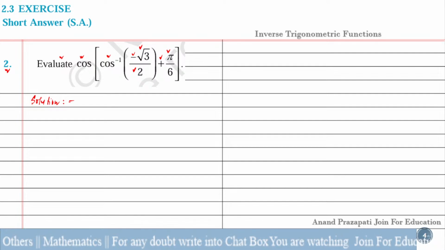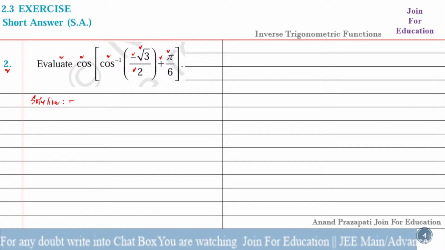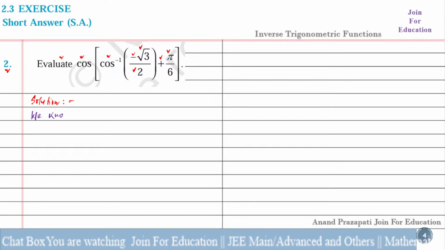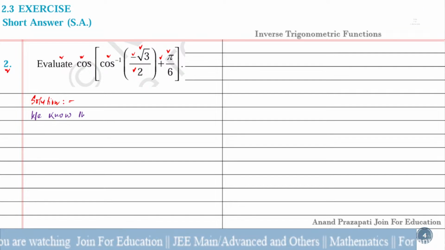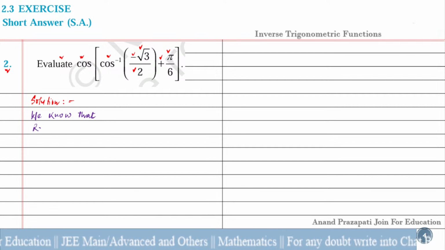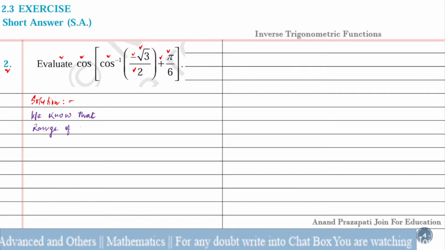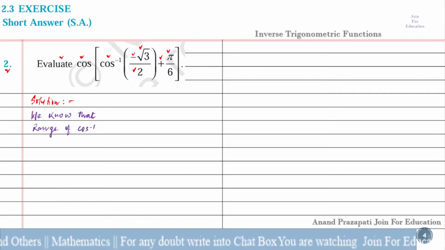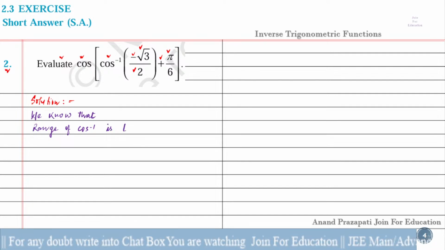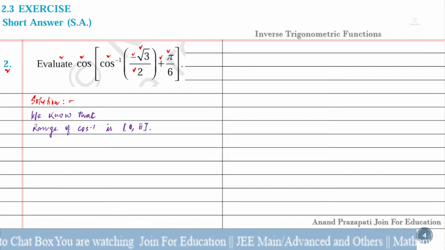We know that the range of cos inverse is 0 to pi in the closed interval.